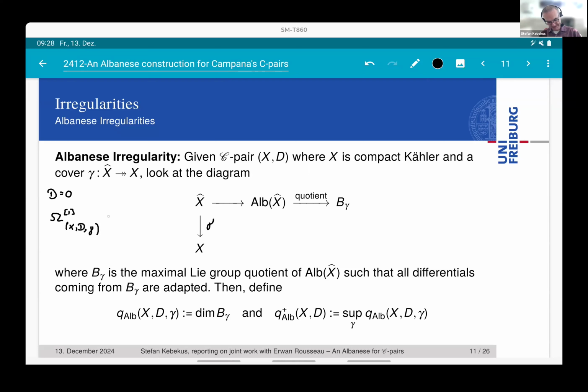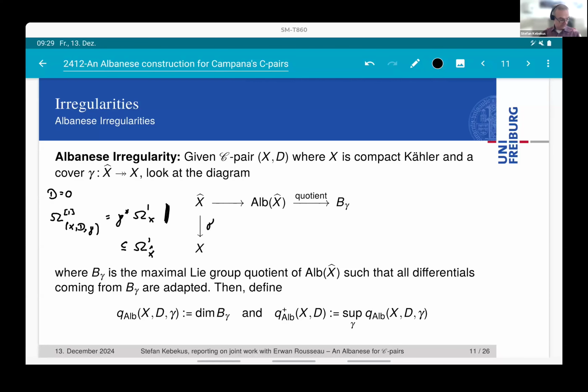Here, gamma is simply the pullback of omega 1 X. If everything is smooth, already there, I might be in a situation, so this is now a subset of omega 1 X hat, where some of the sections here come from a torus quotient, others do not come from a torus quotient. I can't say I understand the geometric significance, but these things are so naturally there that I'm very much convinced they must be geometrically meaningful.